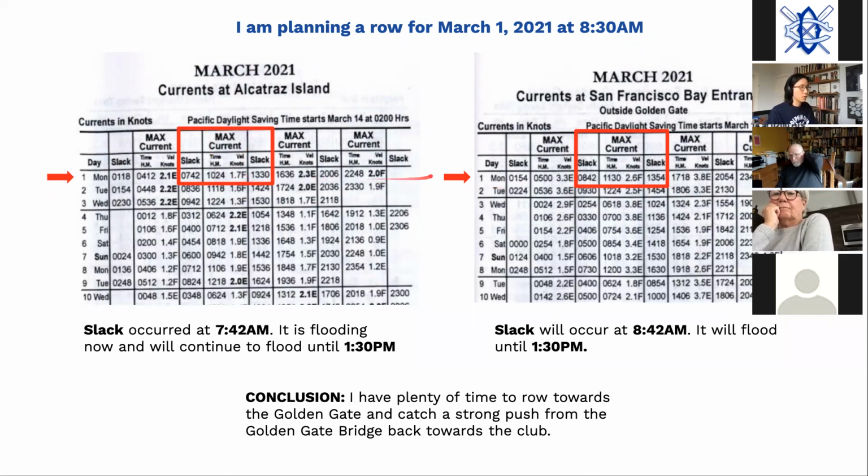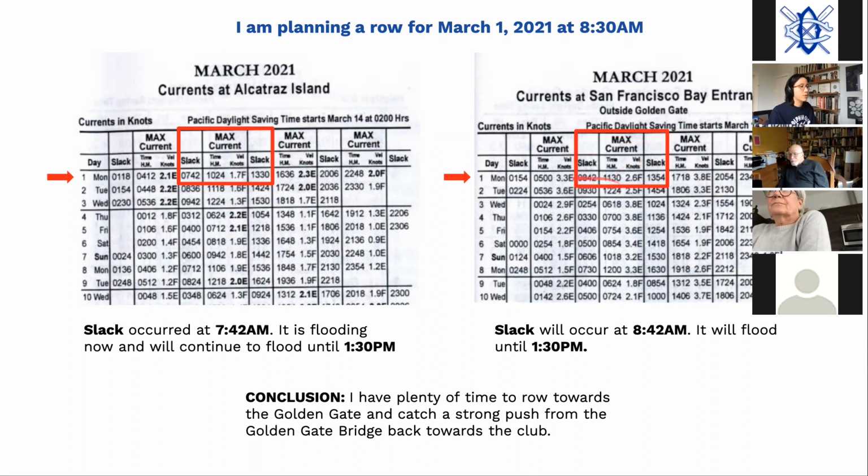So I'm going to row towards the Golden Gate Bridge, into the current, and then take advantage of the current as I turn around. Because slack is at 1:30, I know I have plenty of time to catch that flood.